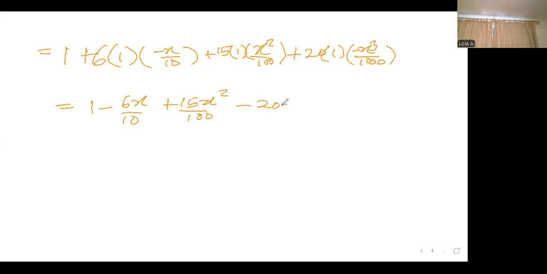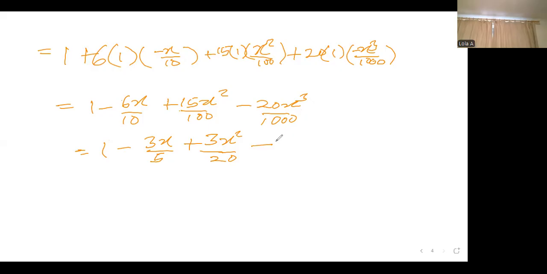Minus 20x cubed over 1,000, which you can reduce slightly to 1 minus 2 in 6, that's 3. 2 in 10, that's 5. Plus 5 can go in 15, that's 3x squared. 5 can go in 100, that's 20.